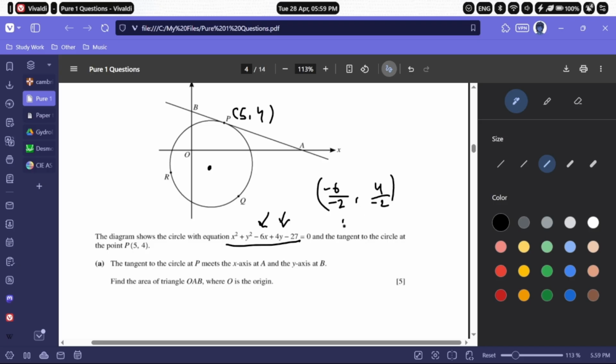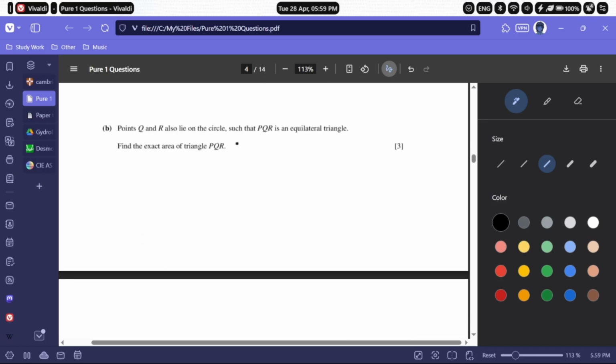That's your center, 3 comma -2. Once you get your center, the gradient from the center to point P would be perpendicular to the tangent at P. So you can use the rule m1 times m2 is equal to -1. You can find the gradient of the tangent and then find the x and y intercepts. Again, pretty easy.